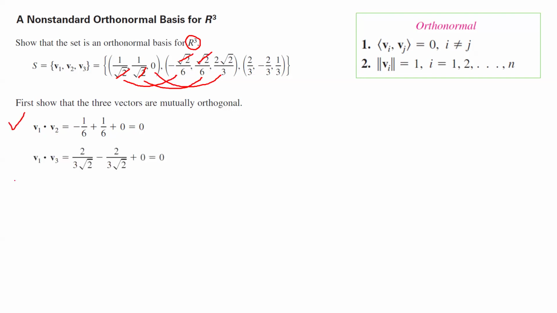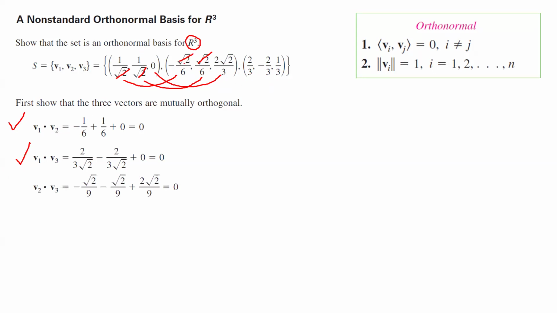For the second pair, V1 and V3, the same process. We multiply 1 over square root of 2 times 2/3, plus 1 over square root of 2 times negative 2/3, and 0 times a third, which is basically 0. The next pair, V2 and V3.